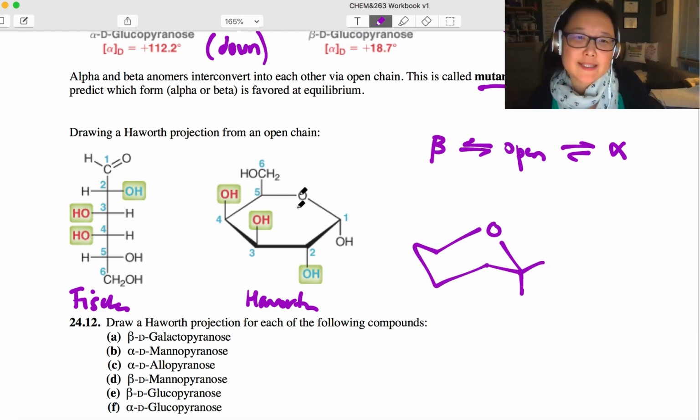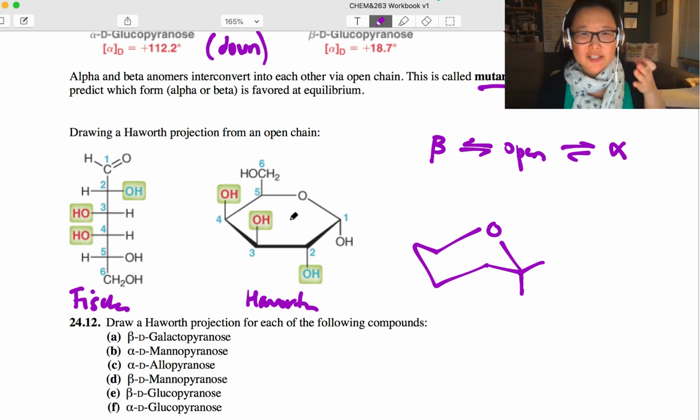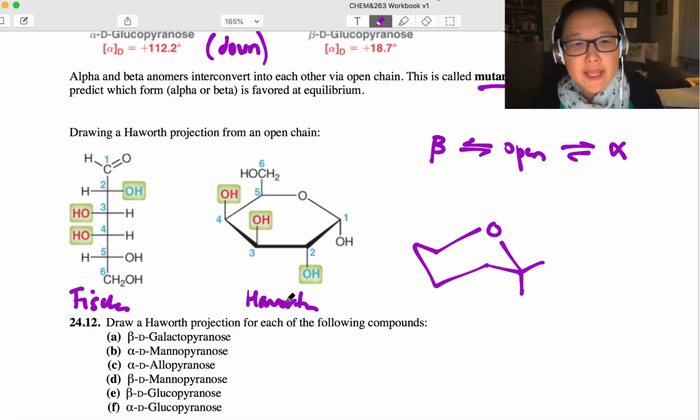But this is a lot simpler than a chair because it's literally up or down. They just really simplify it so that it's either straight up or straight down. So you don't have to deal with equatorial so much. So these are mostly dealing with just looking at whether groups are on the same side or opposite side. So Haworth projections, they're a different way of depicting a ring.